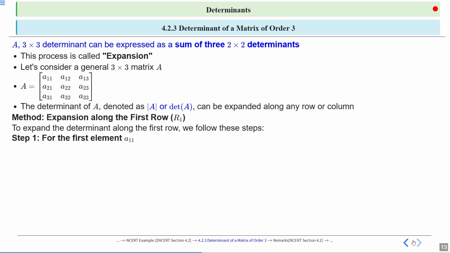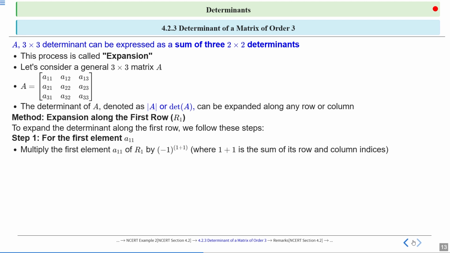So step 1, for the first element A11, we multiply A11 by -1 to the power 1 plus 1, where 1 plus 1 is i plus j, the sum of its row and column indices.